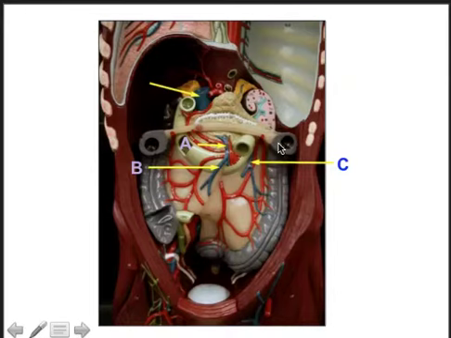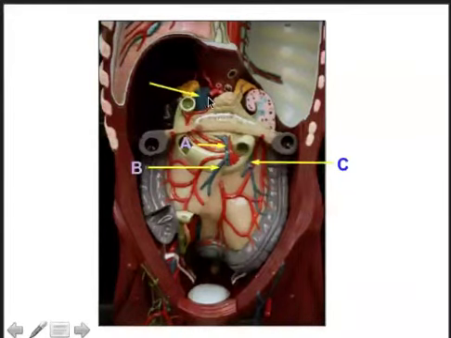And this would be the descending, and then back here is the sigmoid colon. And the veins that drain the colon are called the mesenterics. Now, just to orient you, this guy over here, again, this is the inferior vena cava. Okay, he's not lettered in this diagram.